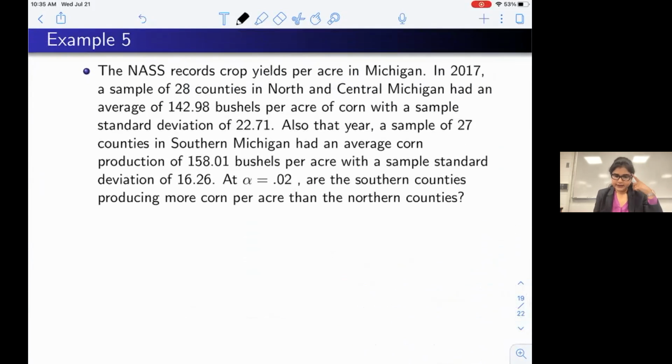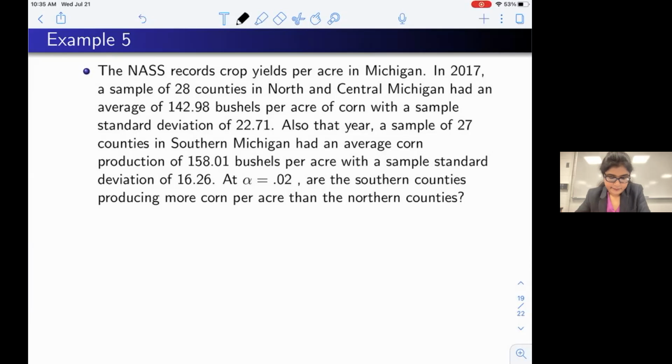Okay, so this is my last example for today's lecture. The NASS records crop yields per year per acre in Michigan. In 2007, a sample of 28 counties in North and Central Michigan had an average of 142.98 bushels per acre of corn with a sample standard deviation of 22.71.